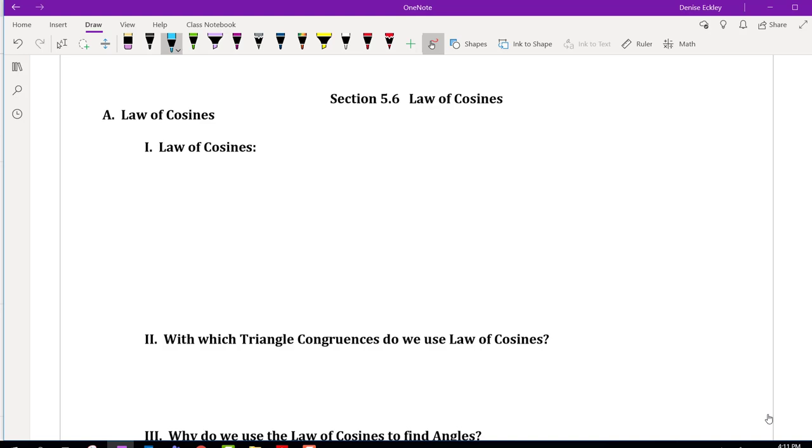So we're going to let capital A, B, C be a triangle, and it can be any triangle. It doesn't have to be a right triangle, doesn't have to be an acute triangle, just a triangle.